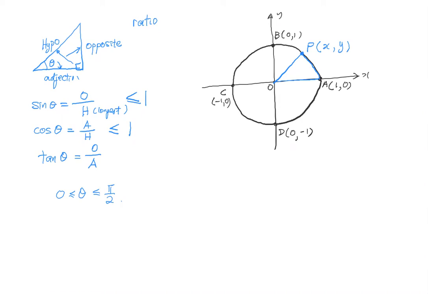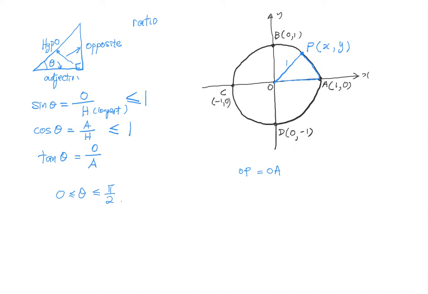Is OP equal to OA? Yes, it's the radius. So this is 1 unit.